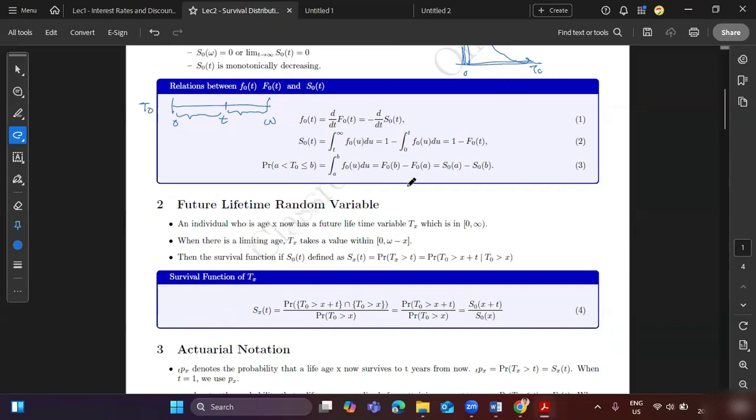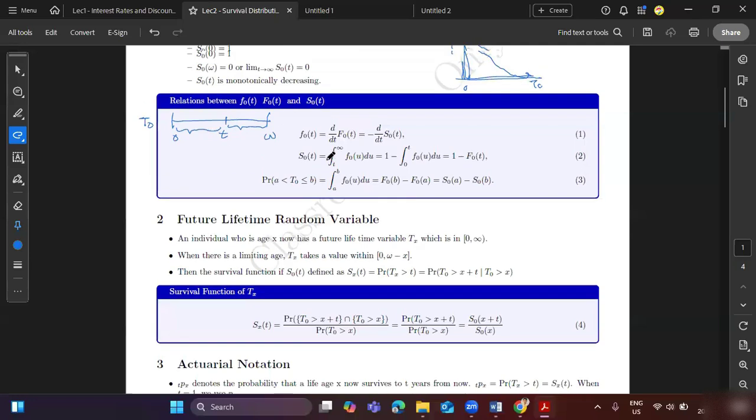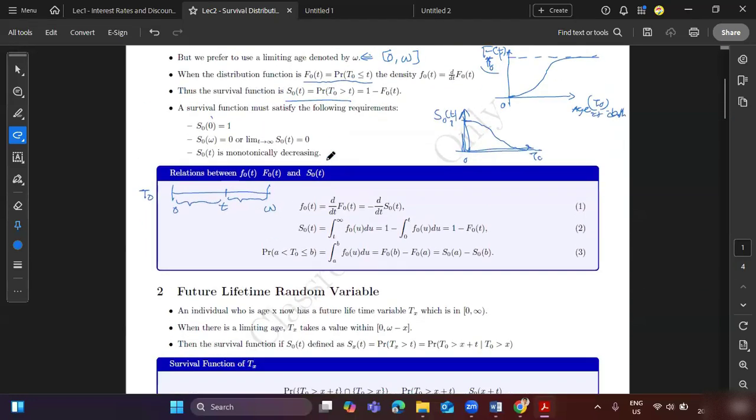Since we know, again I will recall another relation from probability theory.